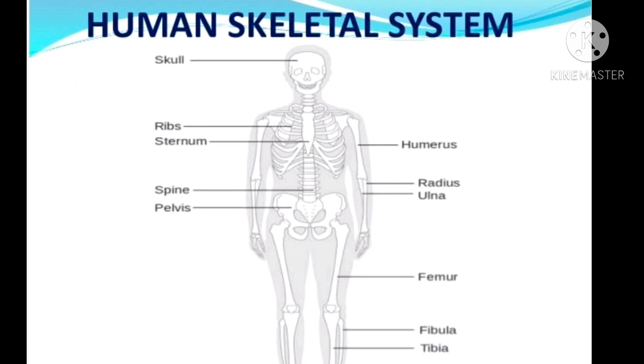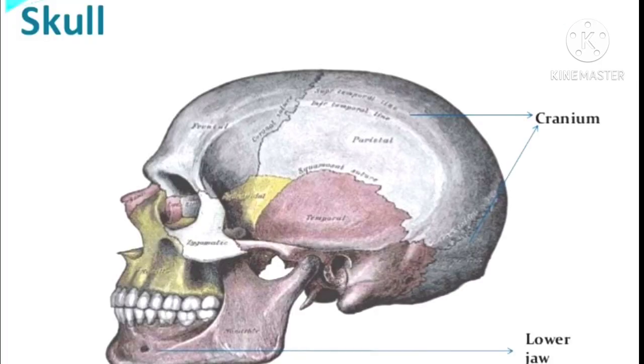Everywhere the structure is made up of bones, which shows that most of the body's proper shape is because of the bones, and all these bones together make the skeletal system. The very important thing, class, we are able to see this skeletal system with the help of X-rays.